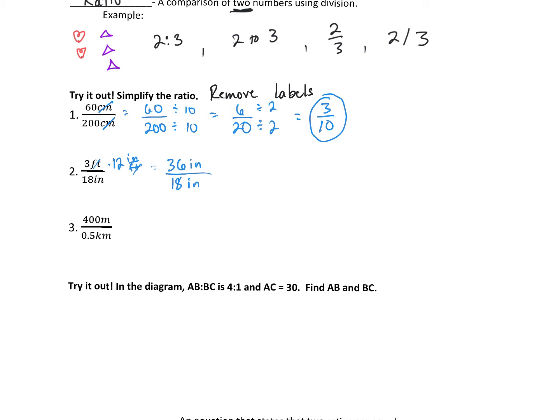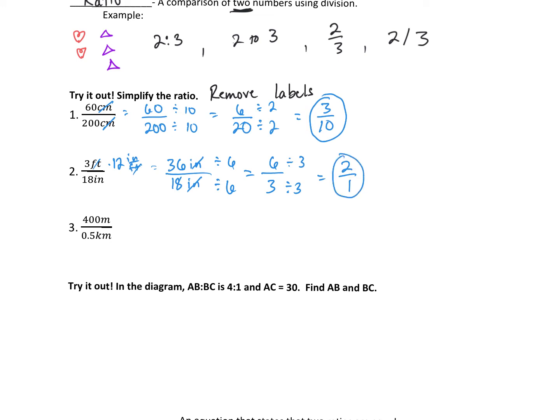Now I can simplify. The inches cancel each other out. I know 36 and 18 are both multiples of 6. If I divide both by 6, this is 6 over 3. I can divide this further by 3 and 3. This gives me 2 over 1. And my ratio is 2 over 1.